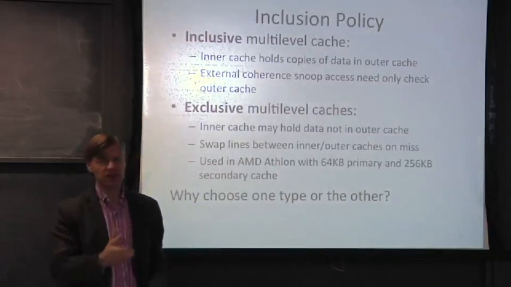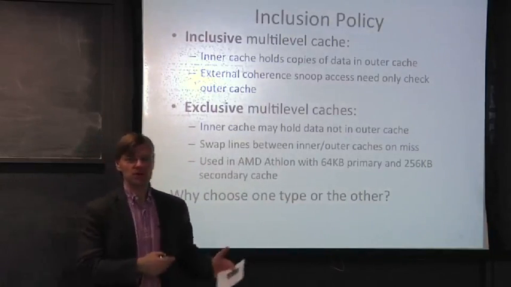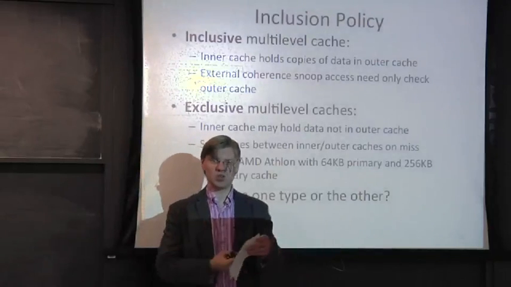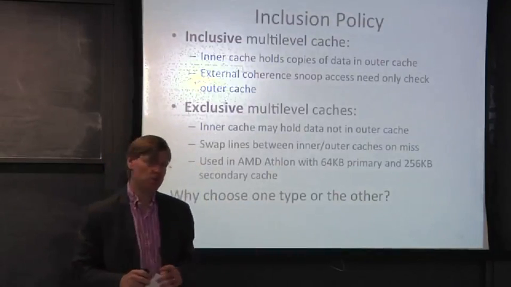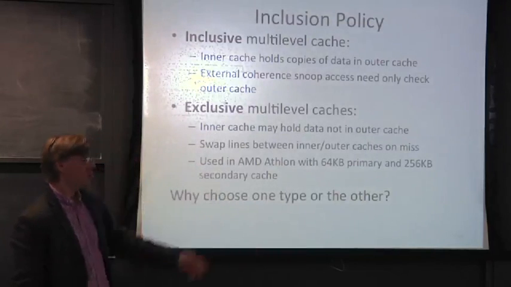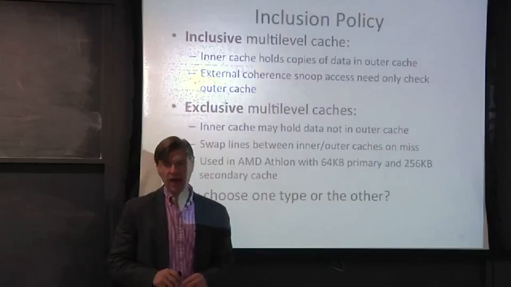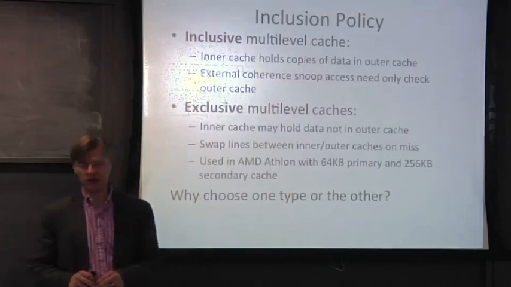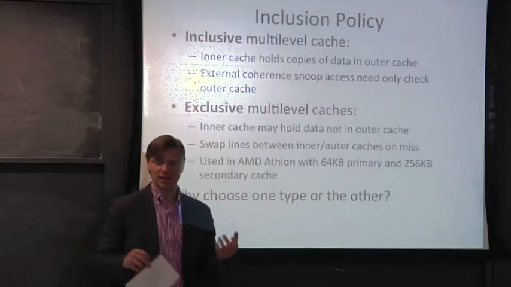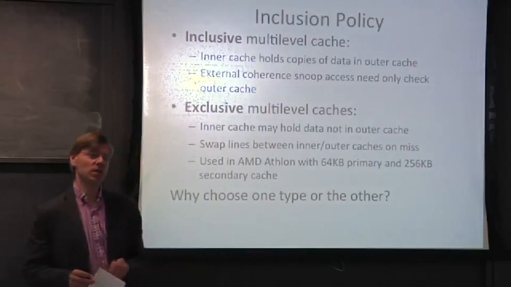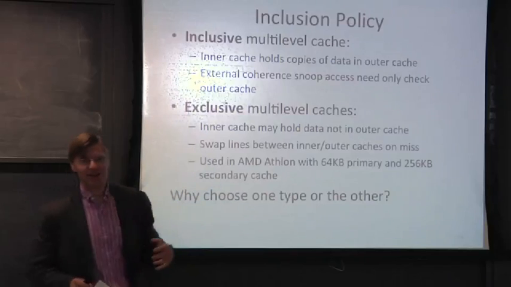This adds complexity to your hardware design. You have to add something which actually does the swap. It could potentially be bad for power. But people have actually built these. If you look at the original AMD Athlon, they had a 64 kilobyte primary cache and a 256 kilobyte secondary cache, and they were exclusive. Now, you might say, this sounds like a lot of headache.